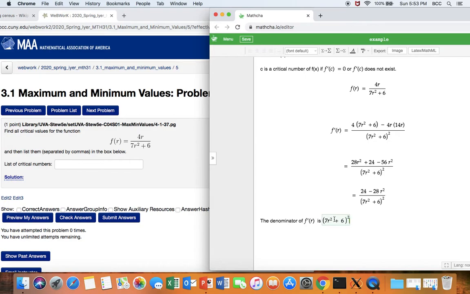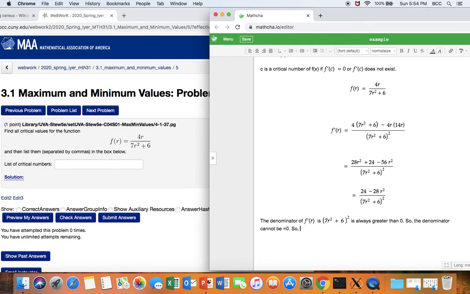Notice r squared is always greater than or equal to 0. Multiplying by 7 continues to make it greater than or equal to 0. Adding 6 makes it always greater than 0, and squaring it is always greater than 0. So this denominator is always greater than 0, so the denominator cannot be 0.